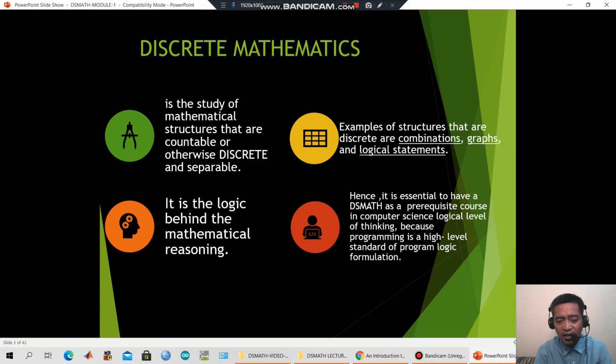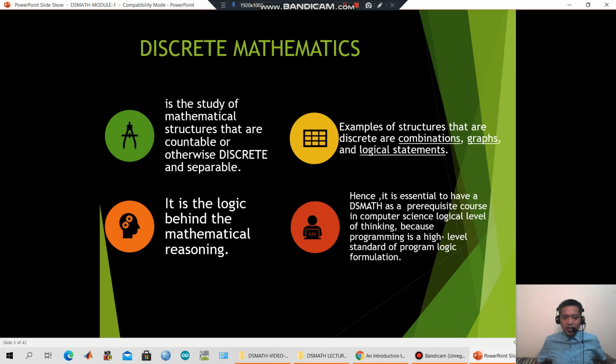They are discrete or separable. So it's very clear here that they should be countable, and what we count should be exact. There are no fractions or decimal numbers here. Clear? When I say 0.005, is that discrete math vocabulary? No, it's not. It should really be discrete. When I say 1, it's 1.